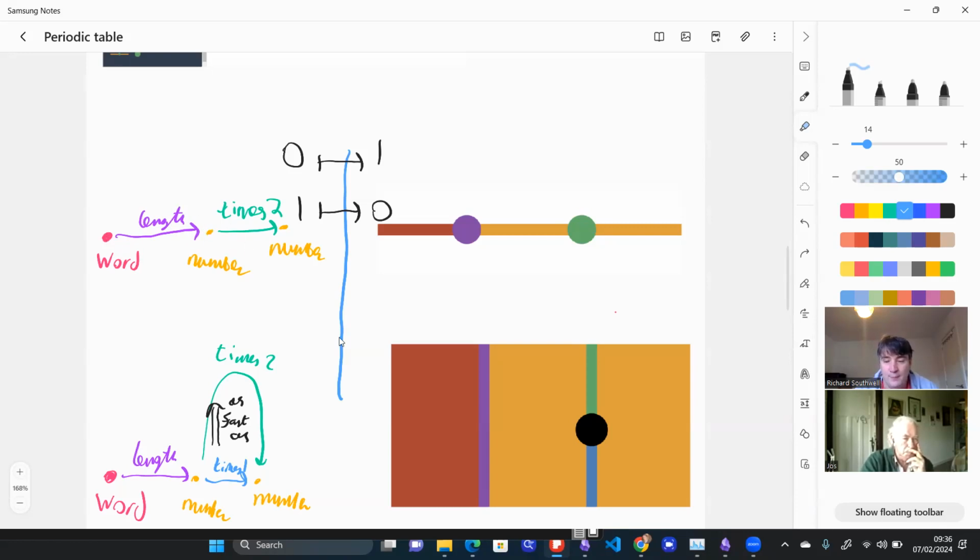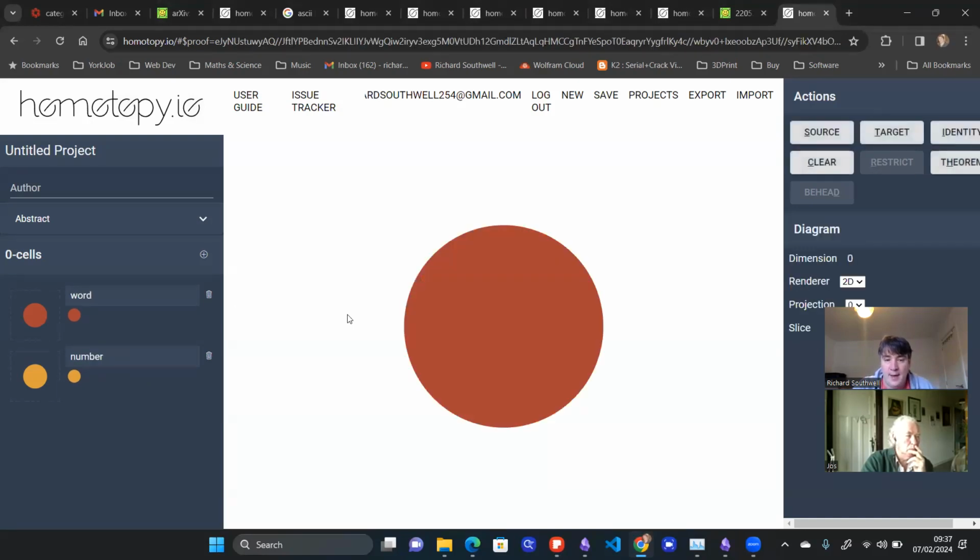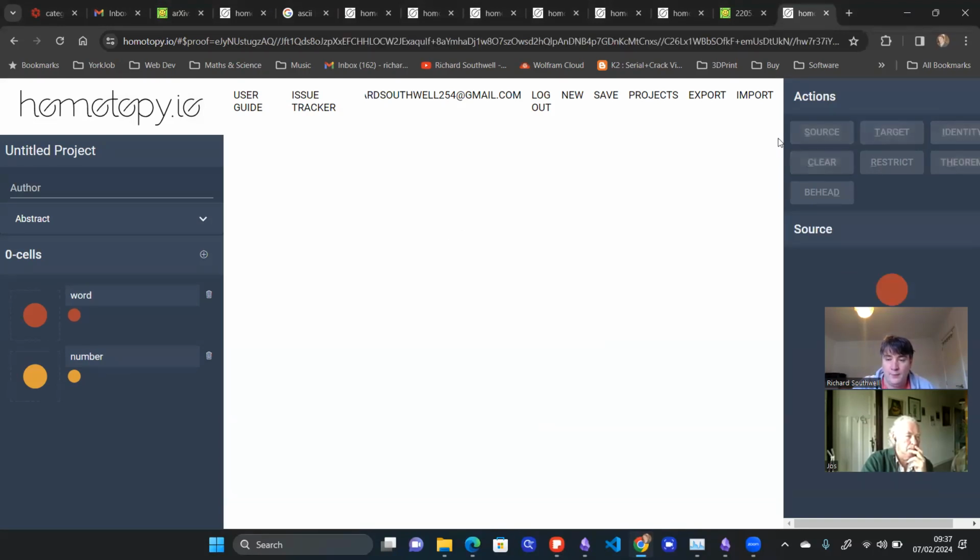So we need to encode this in Homotopy IO. All we do is make this thing called length that goes from word to number. So the source should be word. We click on the pictogram for word, and it appears here. Then we say this should be our source, so we click this button called source.